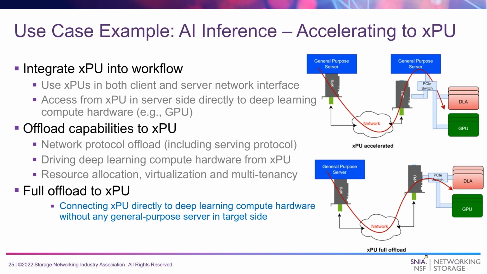There's model serving that needs to be done, Kubernetes, sometimes pre and post processing that the DLA can do, or what can be done either in the xPU or DLA. But if everything that is required is encapsulated in both the xPU and the hardware connected to it, we can do a full offload and remove the general purpose server on the target side as well.